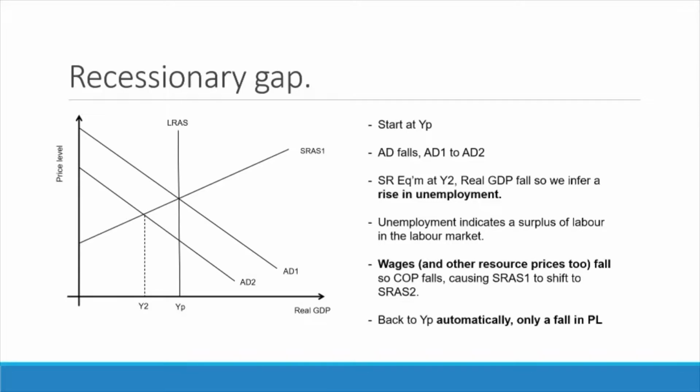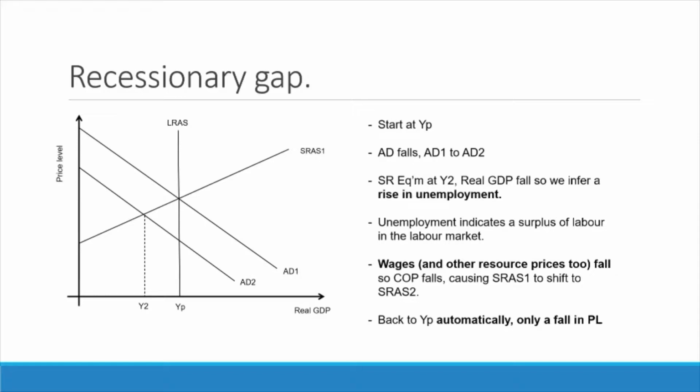Less output is being produced, so we can infer that firms need fewer workers and so unemployment rises. Unemployment is greater than the natural rate of unemployment, since we are at Y2, which is lower than YP. This means that the quantity supplied of labour by workers is greater than the quantity demanded by firms, or there is a surplus in the labour market.